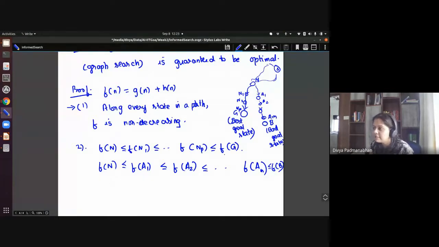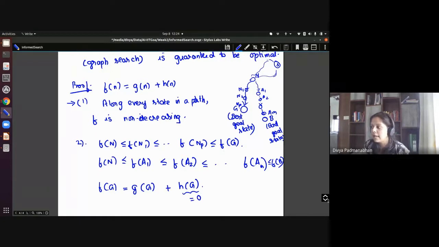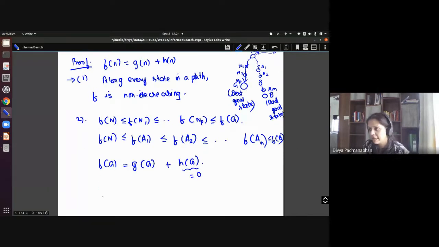Now let's just look at f of g and f of b. So f of g is g of g plus h of g. G is a goal state, so h of g is always going to be 0. And now for f of b, again you have g of b plus h of b, right? So what is the value of h of b?